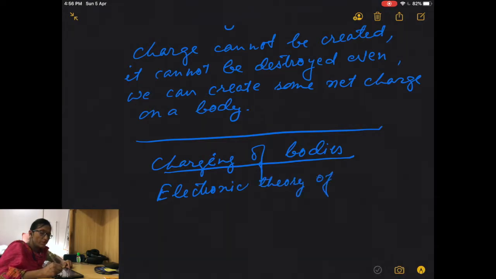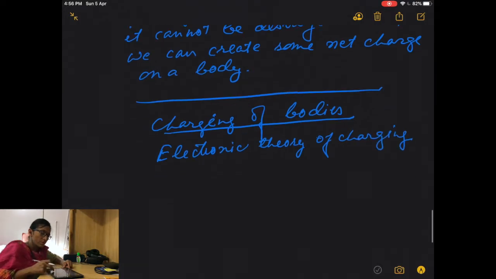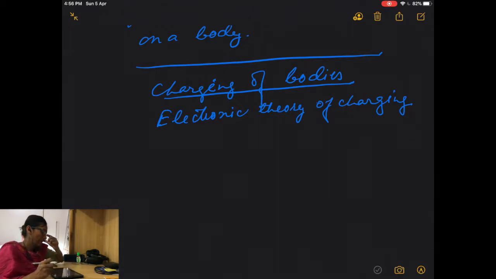So let me explain the construction of an atom and how the charges are arranged there.